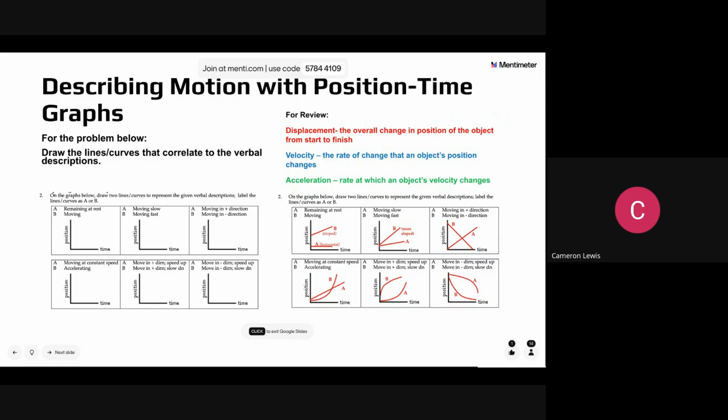But the curve part really shows acceleration, because someone said earlier in class, the rate at which my position is changing is changing. What that means is the rate that my position is changing is not constant. That straight line shows that the rate my position is changing is constant. So if we took the slope of that, it would be a horizontal line, which means the same rate of change each time.